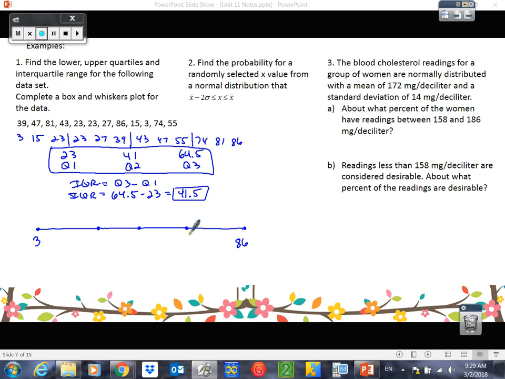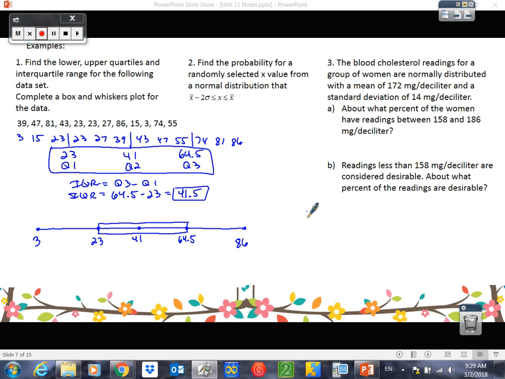And so now that I have these 3 numbers, I'm going to draw my rectangle. So we're creating our box. And now I'm going to put my numbers on here. So this was 23, and that was 41, and this was 64.5.